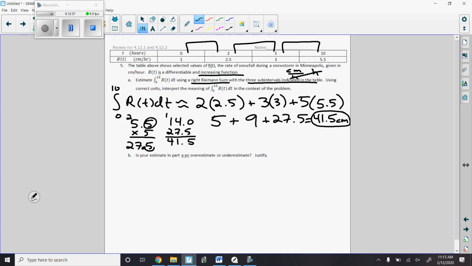So since r is the rate that snow falls during a snowstorm, the integral of that would give you the total amount of snow that fell during that time period, 0 to 10 hours. Okay, that's kind of the harder part usually for students to see. So I'm going to write that out.